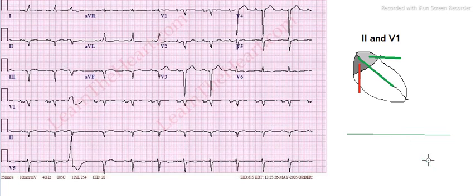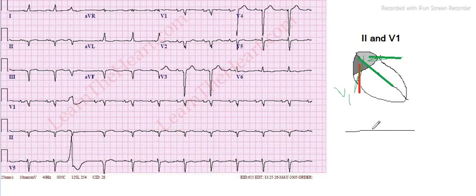Okay, now let's talk about the reason behind V1. So let me draw V1 here. V1 lies somewhere here. The right atrial depolarization vector is going towards V1. However, the left atrial depolarization vector is going away from V1. So in V1, what sort of P wave morphology will you have?